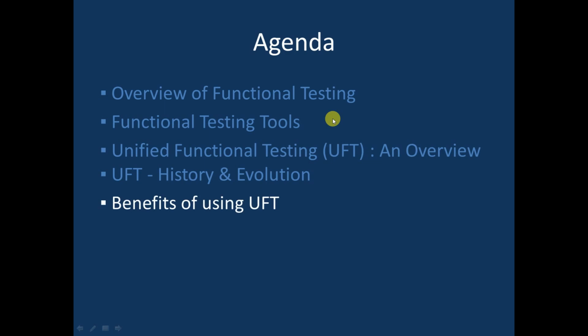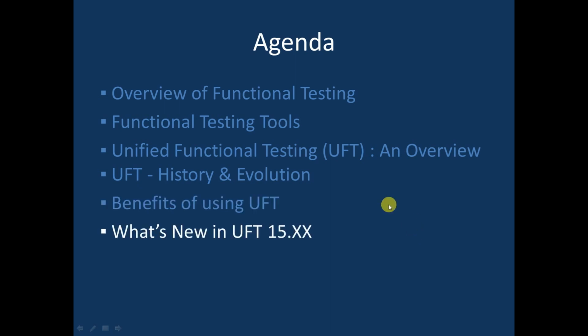What are the benefits or advantages of using UFT? And finally, we are going to see what new features have been added in UFT 15.1. Even the product is called 15.1. At least 15.0.1 and 15.0.2 have come while doing this recording.